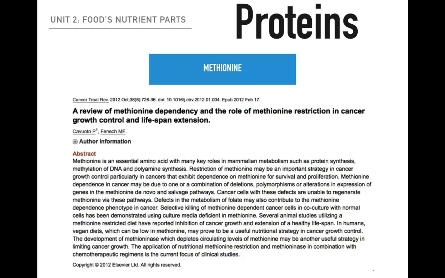Well, you can reduce your total calorie intake, you can reduce your total protein intake since it's an amino acid, or since methionine is found in much greater quantities in animal proteins, a plant-based diet rich in plant-based proteins and lower in animal-based proteins may prove to be a very useful strategy in cancer growth control, as may the development of a drug to reduce methionine in the blood.